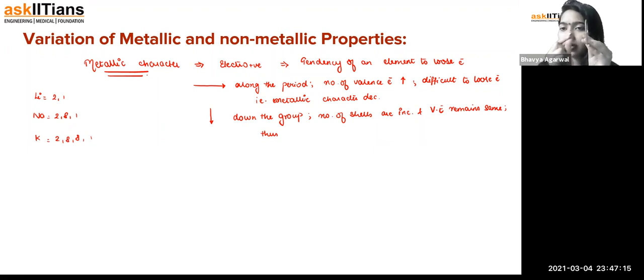In sodium, the electron is here. In potassium, the electron is here. In which case do you feel this electron will face the least attraction from the nucleus? When it is the farthest from the nucleus, it will face the least attraction, since it is farthest.